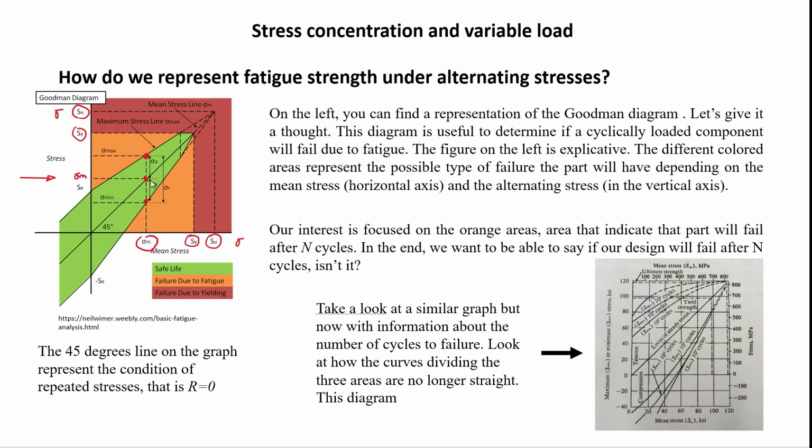If the point is located in this green area, constrained by the ultimate strength of the material, it means that it is a safe life and you shouldn't be worried about fatigue. Just don't calculate fatigue. Just leave it like that.